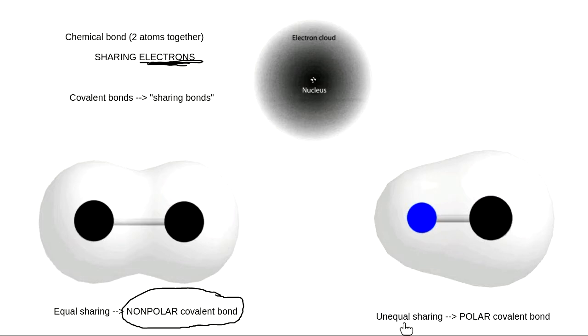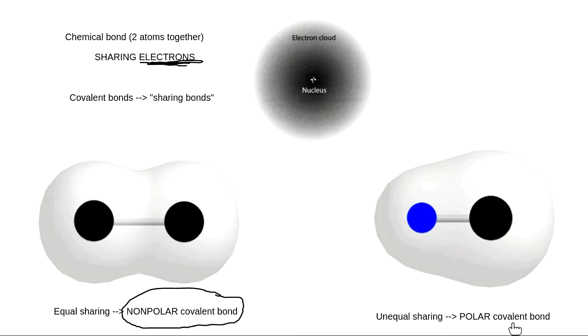Now, when we talk about chemical bonds, here's a big picture idea. Keep this in mind. Anytime we're sharing electrons, that's a strong bond. So whether it's a non-polar covalent bond or a polar covalent bond, both of these types of bonds are strong bonds. The strongest type are non-polar covalent bonds.